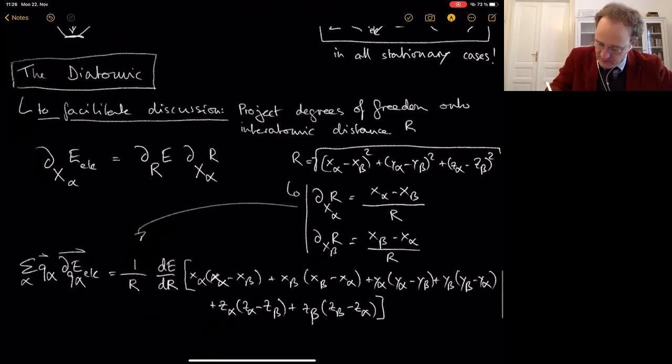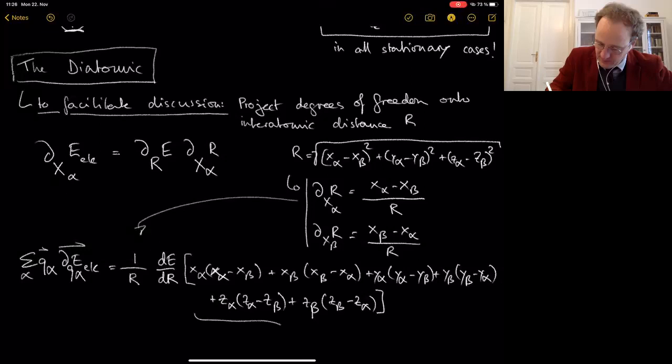Okay. So if you look at this bracket long enough, you will realize that this is actually nothing else than x alpha minus, you will get the same if you write out these squares.